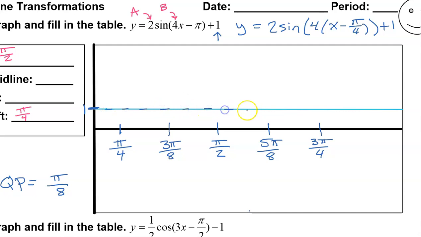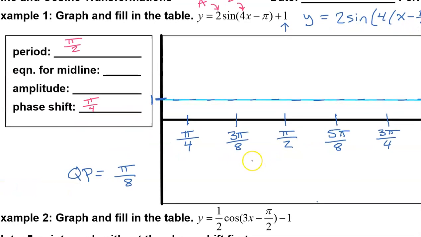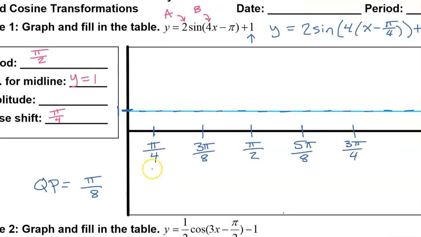So I will use this as a guide. All right, so that is the new midline, and that's one of the things they wanted me to write down. So horizontal lines have the equation y equals, so I'm going to say y equals 1.